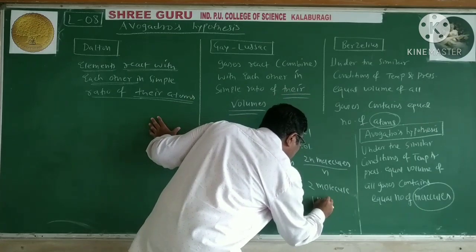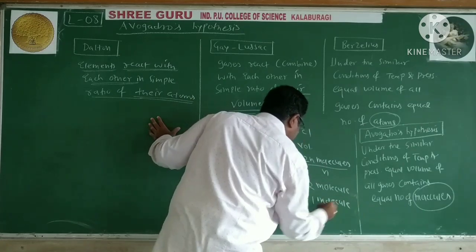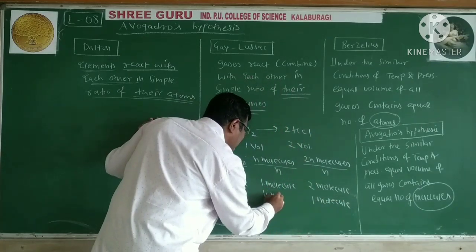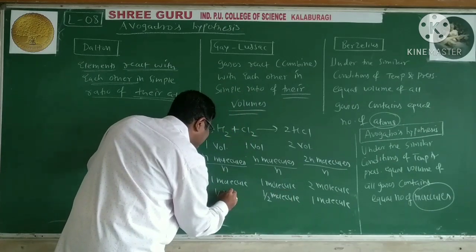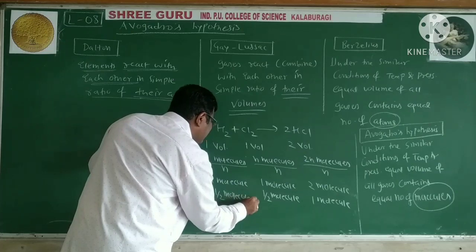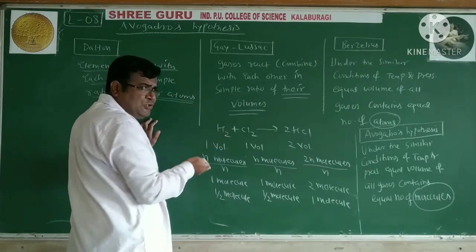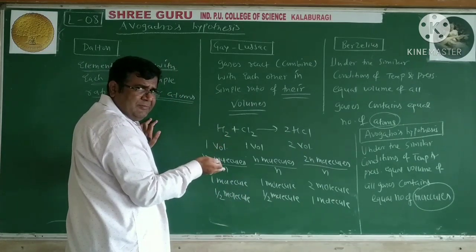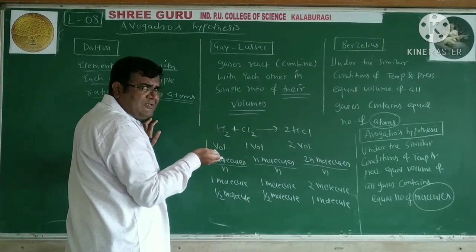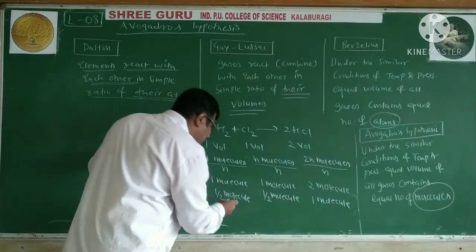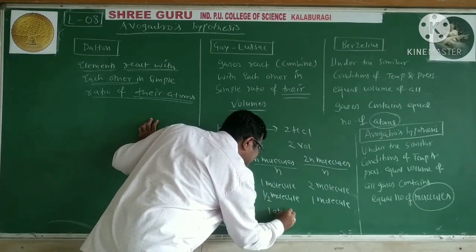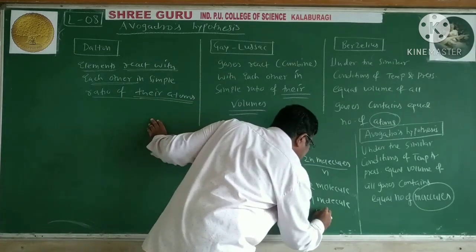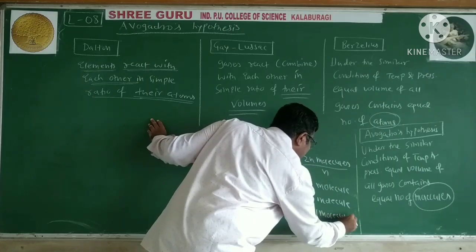And when it is 1 molecule, this is half molecule. Molecule can be half, there is no difficulty in it. But what do we mean by half molecule? If we make half of H2, 1 hydrogen remains. And what do we call 1 hydrogen? Hydrogen atom. So half molecule is nothing but 1 atom.